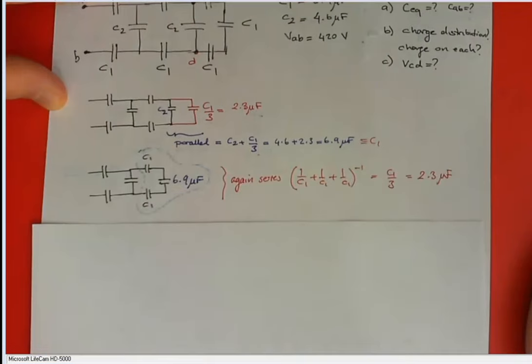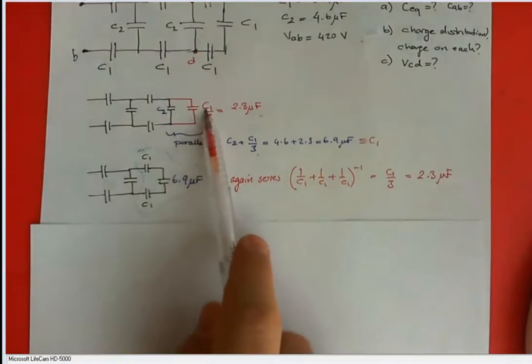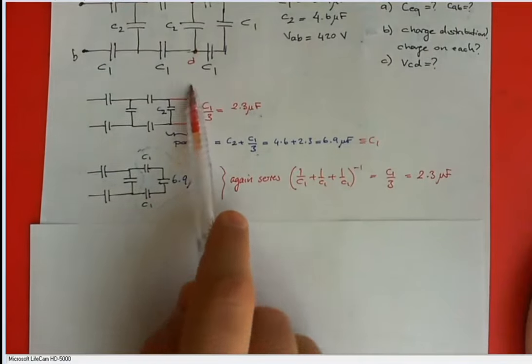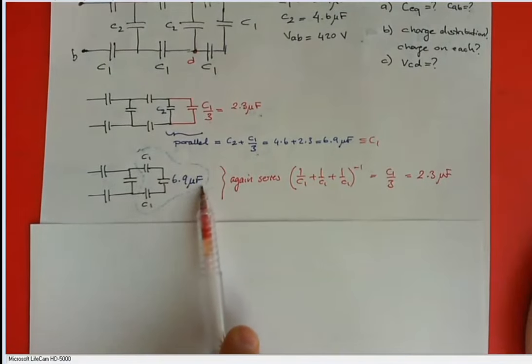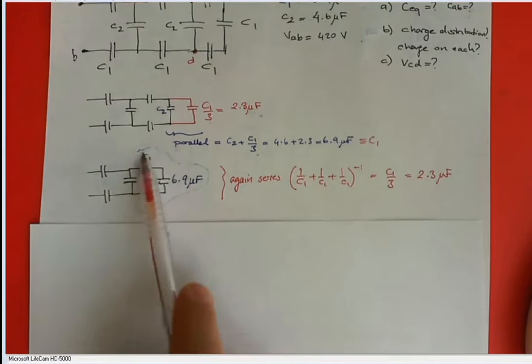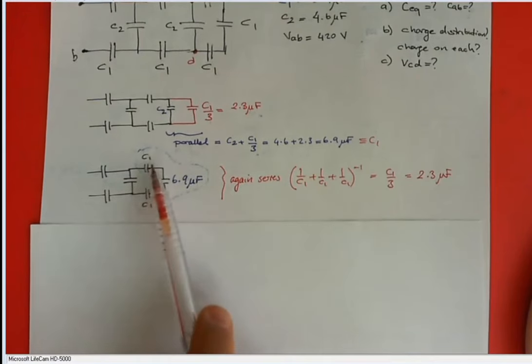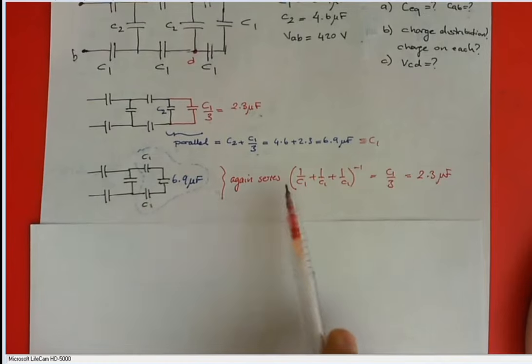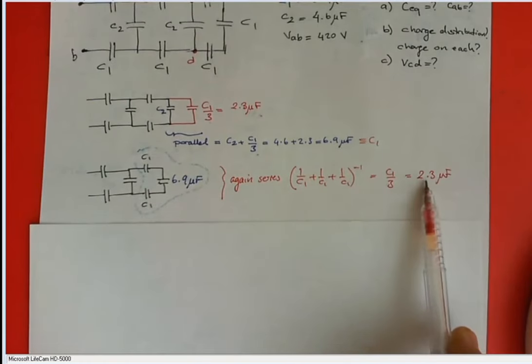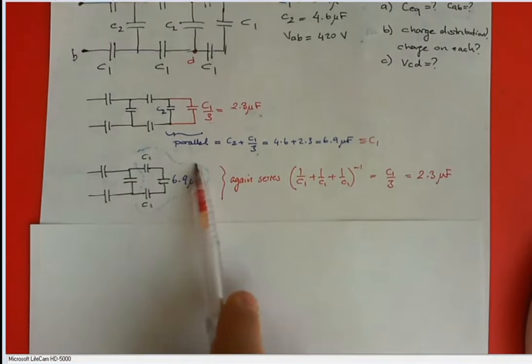All right. So these two have an equivalent capacity of C1, or 6.9 microfarad, and then we get the same picture again: C1, C1, and C1, right? And we have 2.3 microfarad again here.